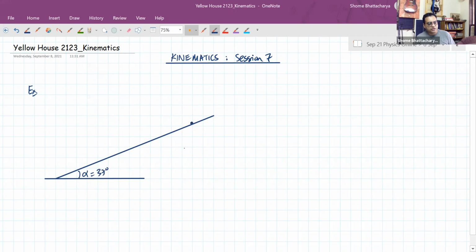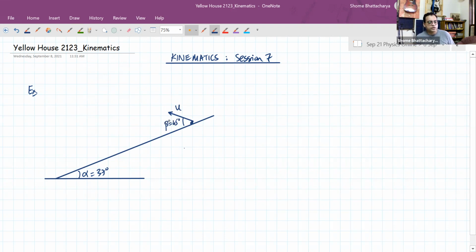And let us say we have projected something at an initial speed u like this, which is making an angle of 45 degrees with respect to the inclined plane like this.